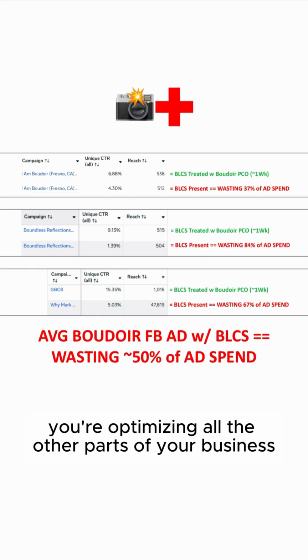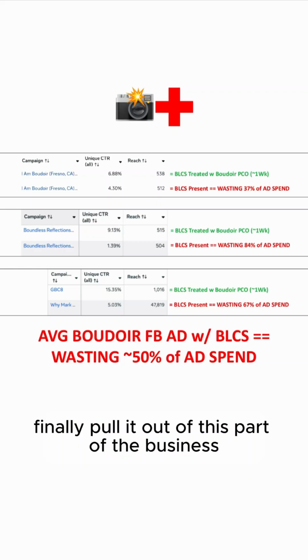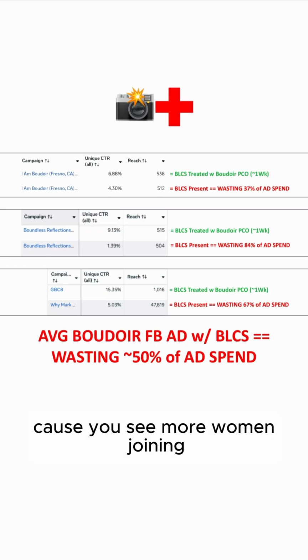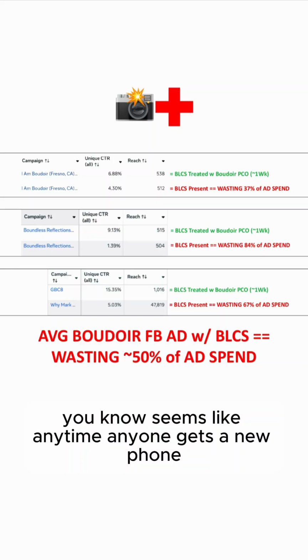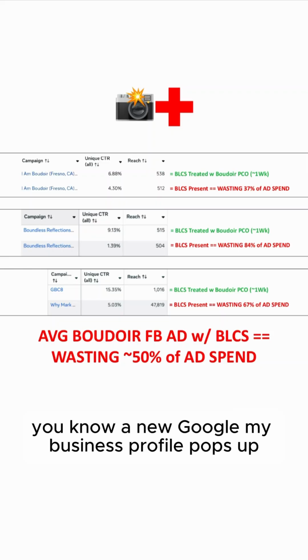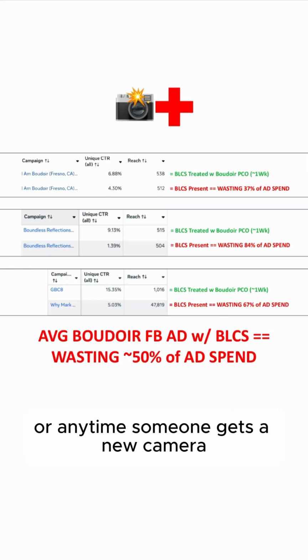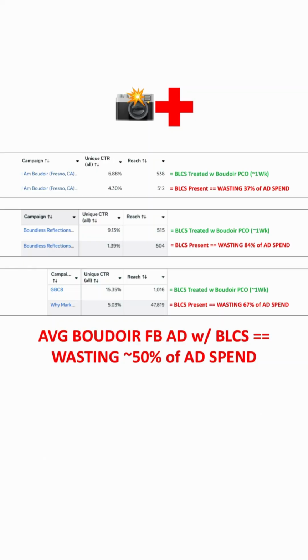And you're optimizing all the other parts of your business, pulling money out now. You decide you're ready to finally pull it out of this part of the business because you see more women joining. Seems like anytime anyone gets a new phone, you got more Boudoir photography. A new Google My Business profile pops up, or anytime someone gets a new camera, there's more posts in the mom groups for the $50 shoots.